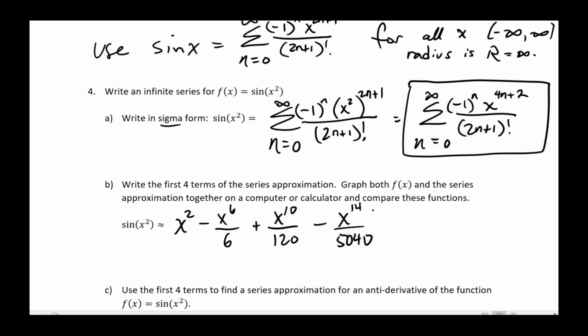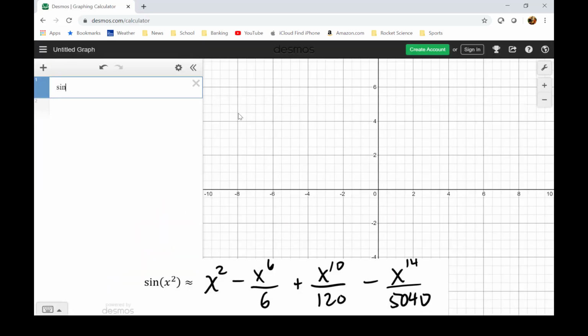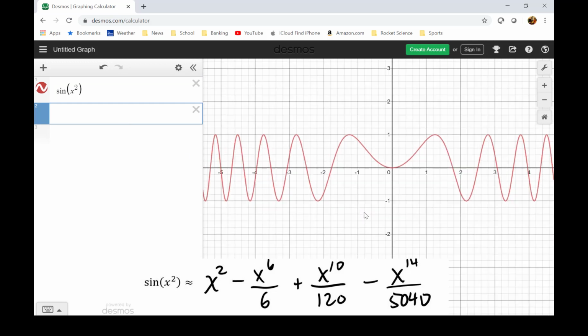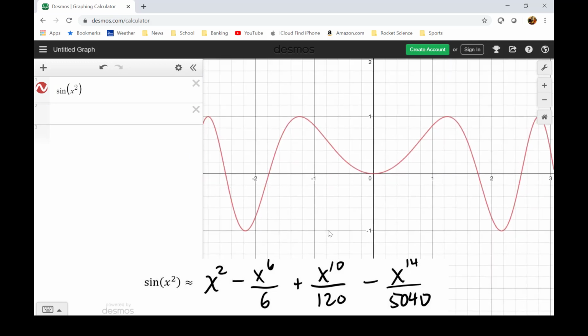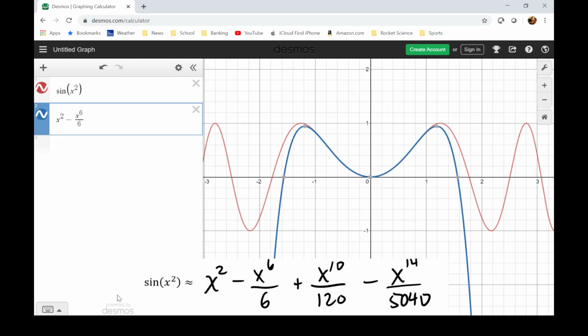Let's take a look at the graph. So back to Desmos. The first thing I want to see is sine of x squared, and I'm most interested in this interval between -1 and 1. So let's do this. And now what we had was x to the power, let's see. It's just cool to watch this thing develop as you type it in.